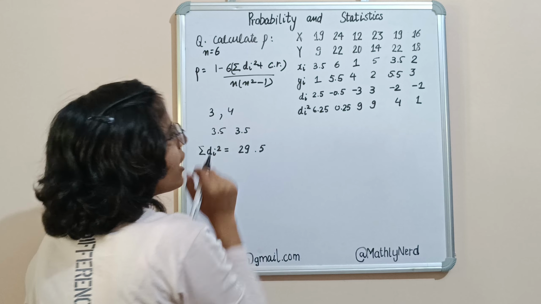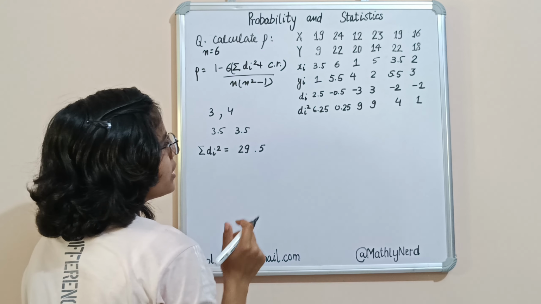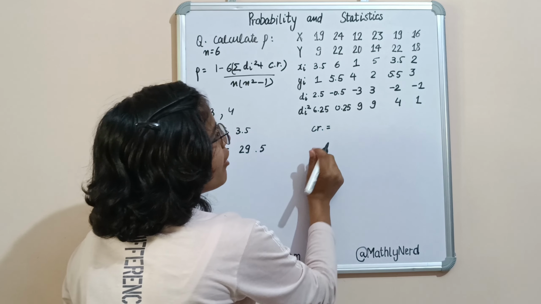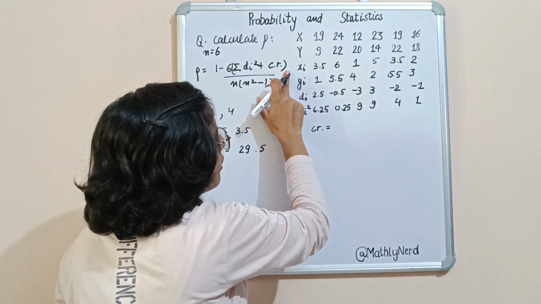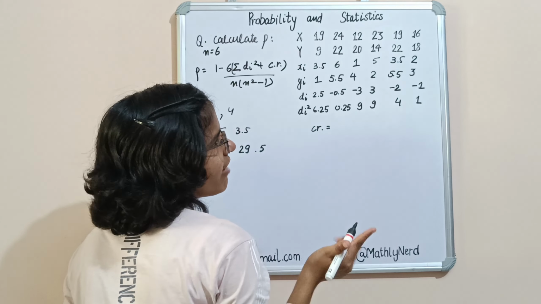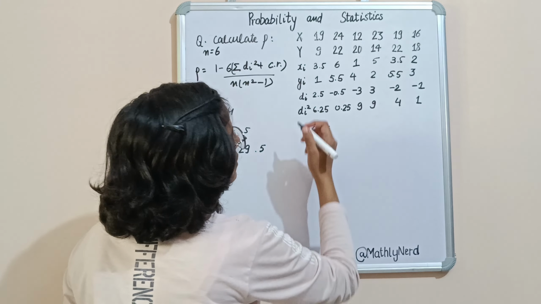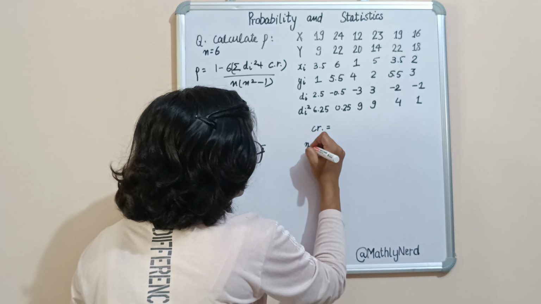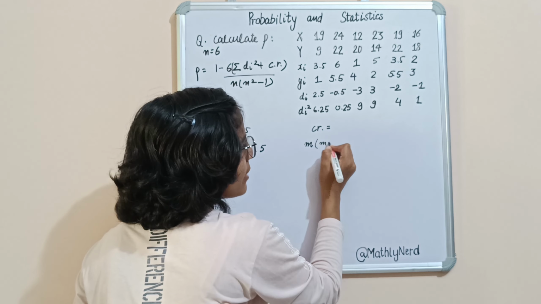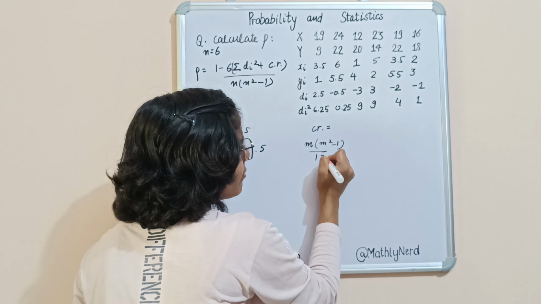Now we have to calculate our correction ratio. We have repeated ranks 1 time here and 1 time here. 3.5 is repeated 2 times. So our correction ratio for 1 time repeated rank equals m times m square minus 1, by 12.